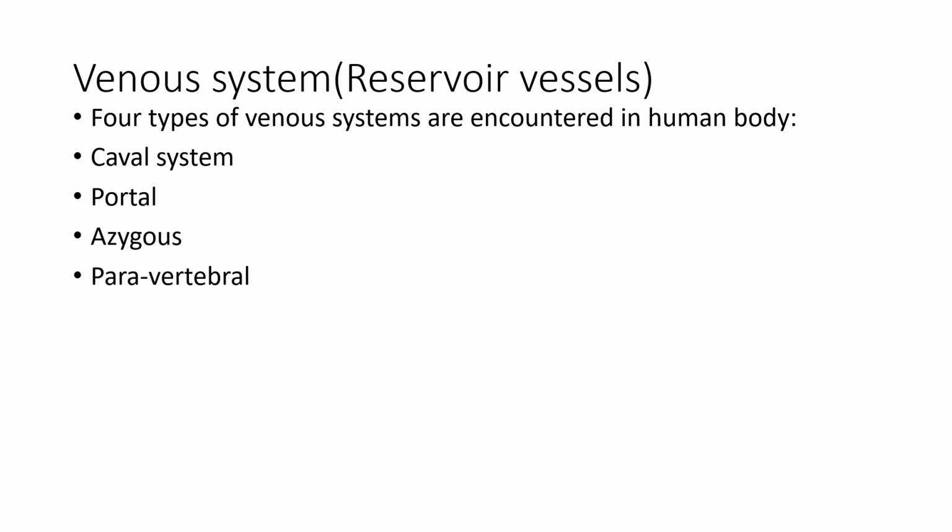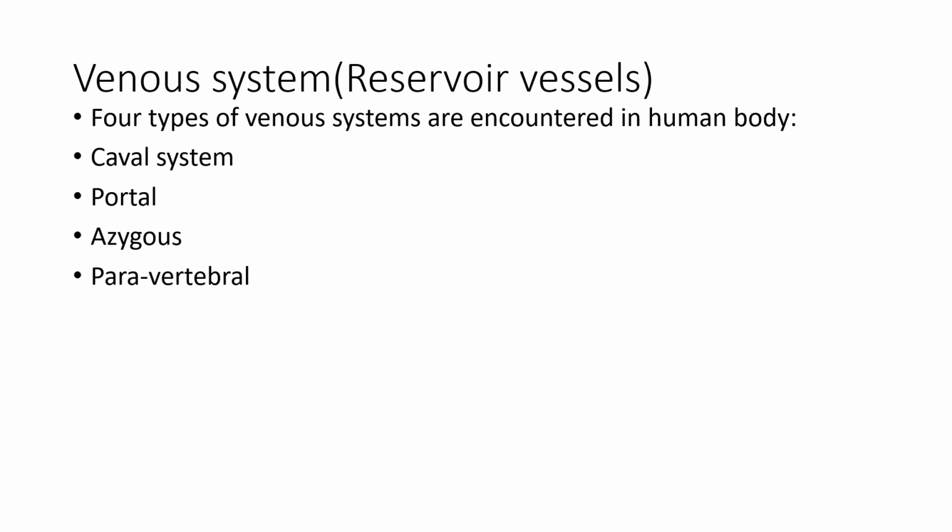Then the coronary sinus, it brings about 60% of venous blood of a heart to right atrium. And in occlusion of coronary artery, the coronary sinus may provide nutrition to the heart muscles through the arteriovenous anastomosis.